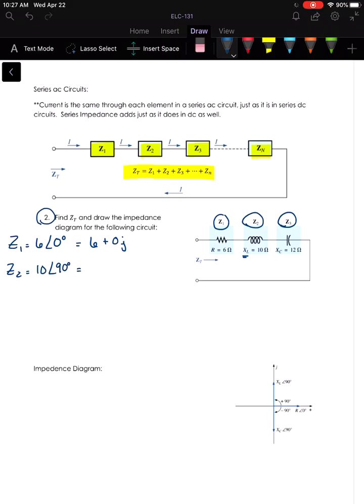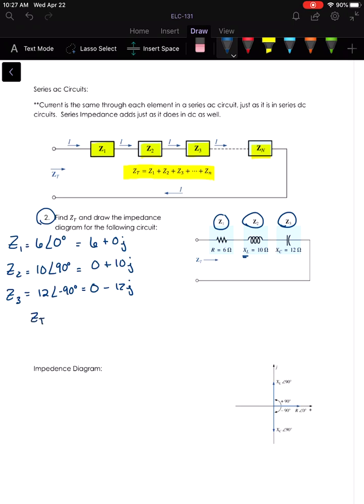So we have 10 at 90 degrees, which is 0 plus 10J. And then Z3 is a capacitor, and it's 12 ohms of reactance. So that's going to be 12 at negative 90, which is 0 minus 12J.